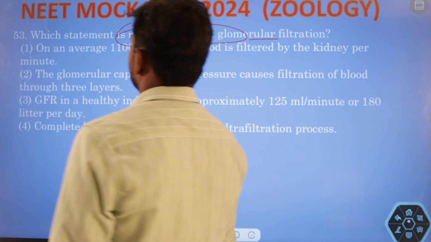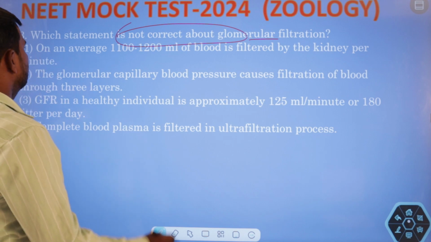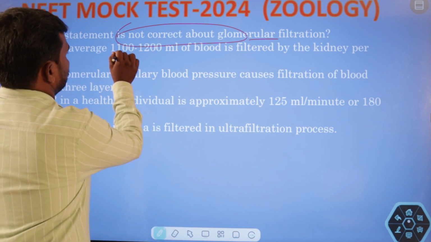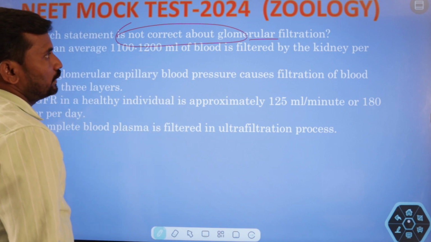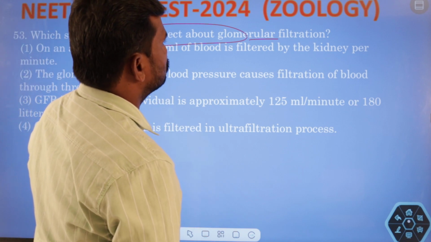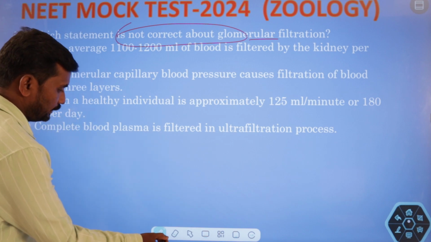Here the first statement is that on average, 1,100 to 1,200 milliliters of blood is filtered by the kidney per minute. This is the correct statement.